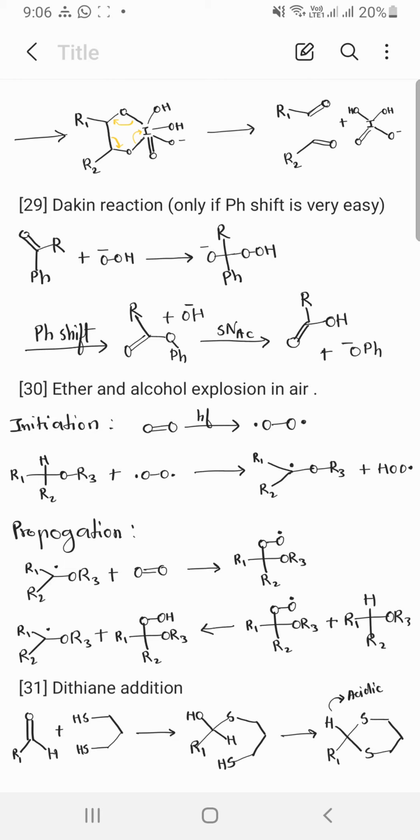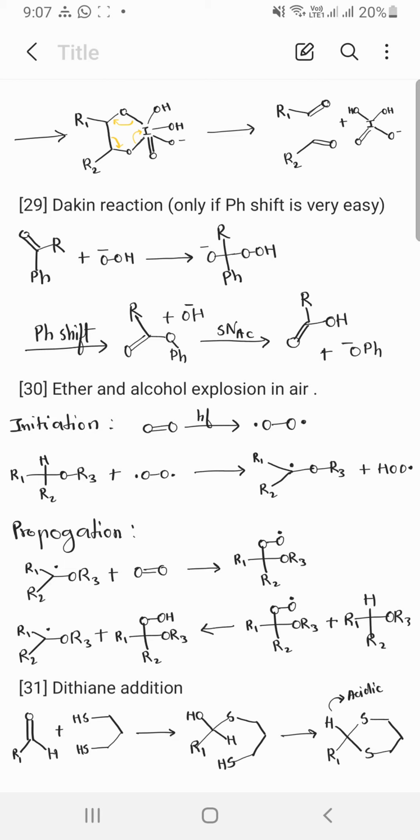Instead, it's more of a walk instead of a jump, if you know. So first phenyl attacks and then it leaves. Not that it first leaves and attacks, or it does both at the same time. It will first attack and then it will leave. Cool.